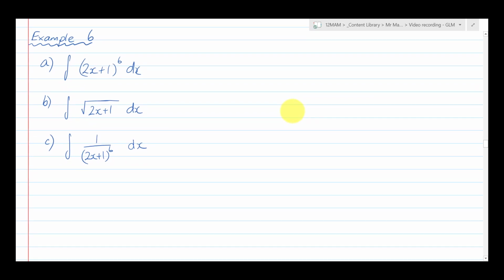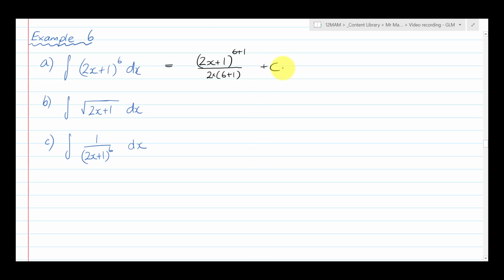So a, the integral of (2x + 1) to the power of 6. If we're integrating this, the answer will be (2x + 1) to the power of 6 plus 1, which is 7, divided by 6 plus 1, but we also have to divide by 2. So we're going to divide by 2 times (6 plus 1), as I've written.